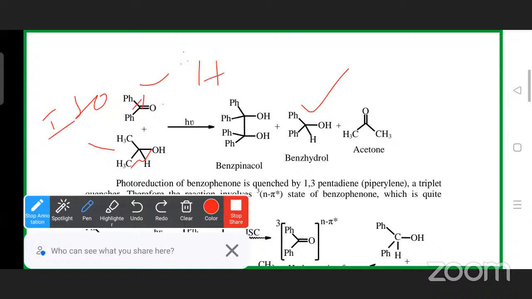Then it becomes an alcohol, and this radical will be neutralized. So that is one kind of mechanism, and one of the products here.